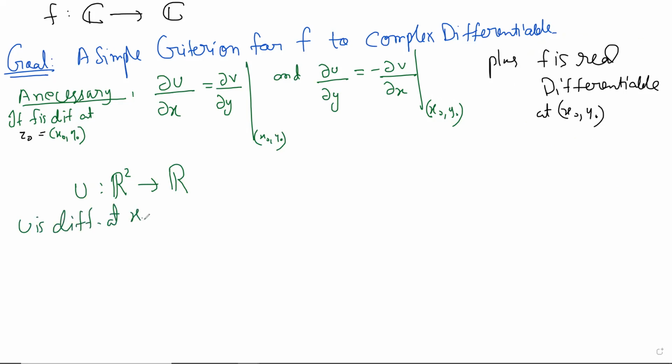differentiable at x naught comma y naught, formally we know the definition, but just to review it, and also we'll see it in a different way, which is the way we'll use it in the proof. So can we quickly define what it means for u to be differentiable at a point x naught comma y naught?